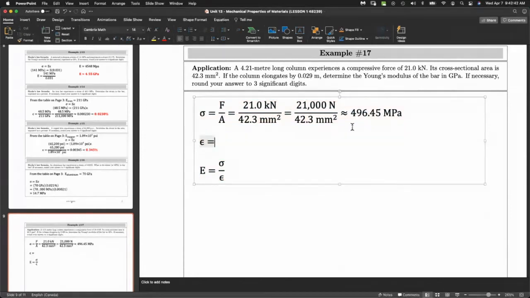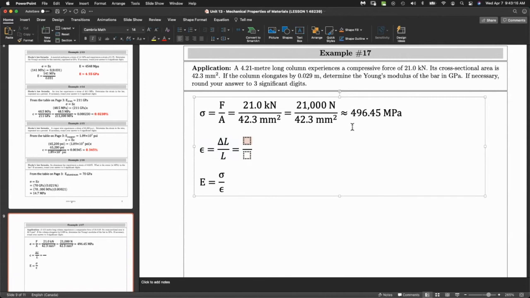The strain, now this one's under compression. So technically you should have a negative answer here, but I'll present it as a positive quantity. It's a bit lazy on my part, but you can present it as negative if you want. I'm not going to pick on you for a negative or a positive here. Actually, no, it's supposed to be contracts.